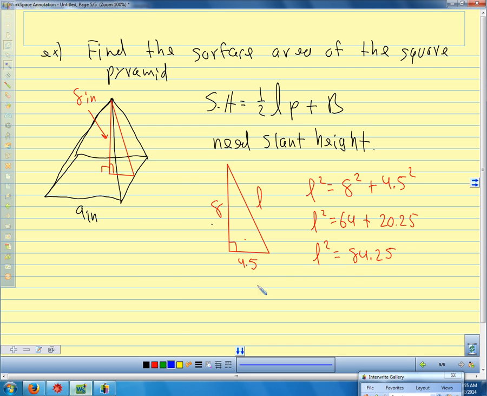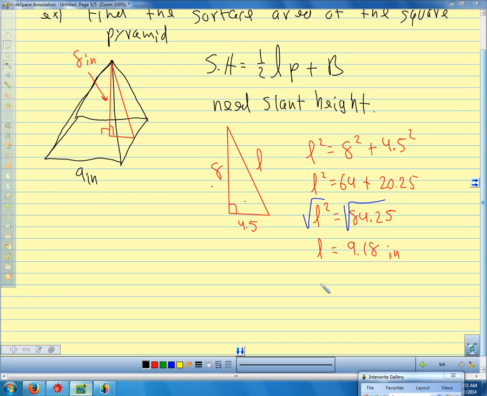Take the square root of both sides to get L. And finally I get that my slant height is about 9.18 inches. So we just had to take a little detour there to find our slant height. So we have that part. What is B? What's the area of the base? 9 times 9 is 81 inches squared. And the perimeter of the base?